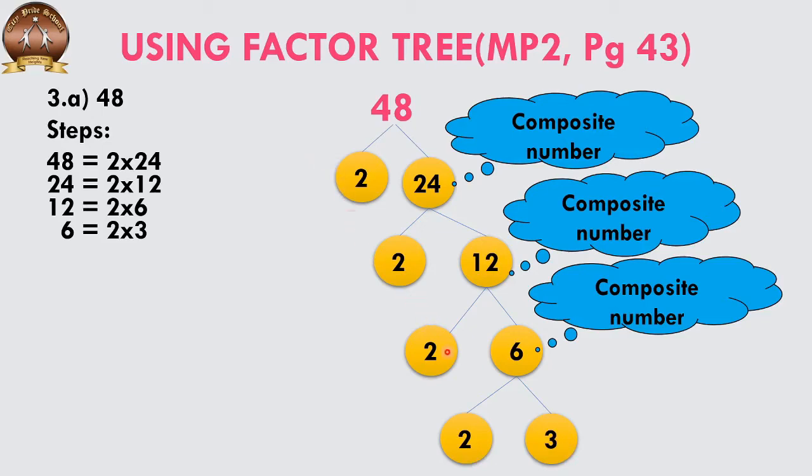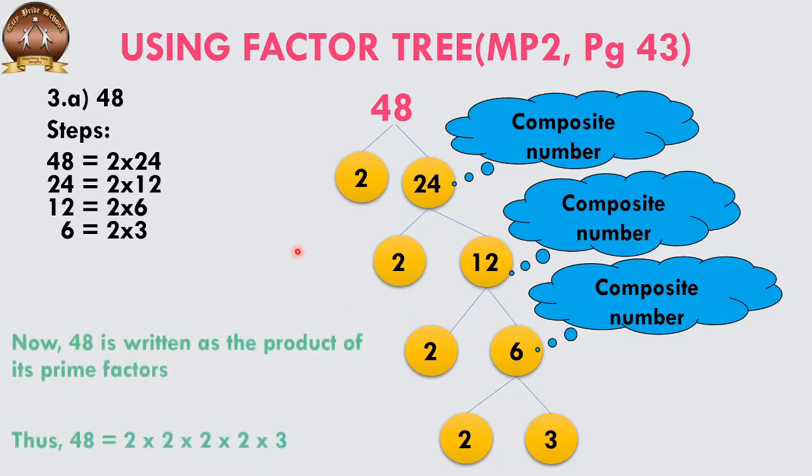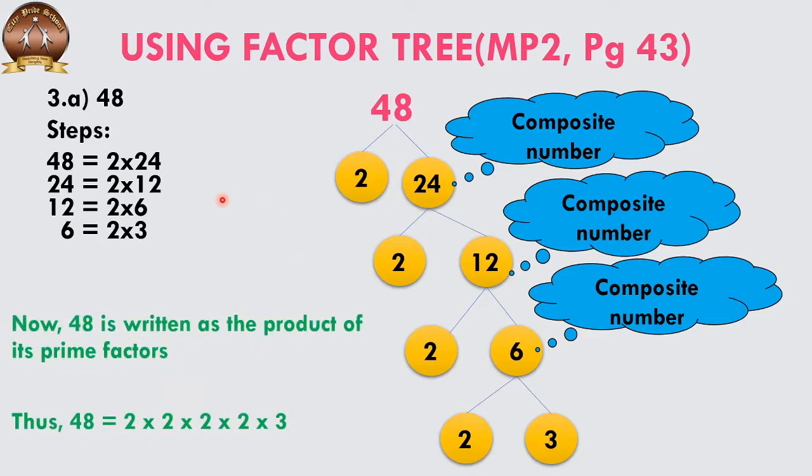These are the prime numbers. So now you will know the factors of 48. 48 can be written as a product of its prime factors: 2, 2, 2, another 2 and then a 3. So 48 is written as 4 times 2 and then 3 multiplied with each other.